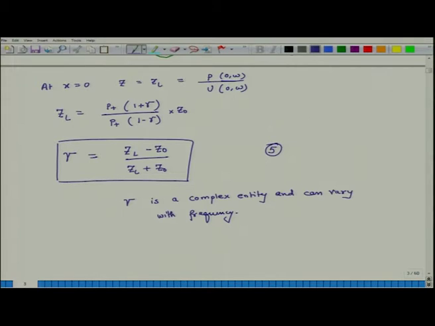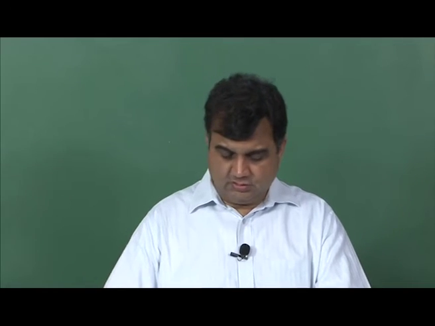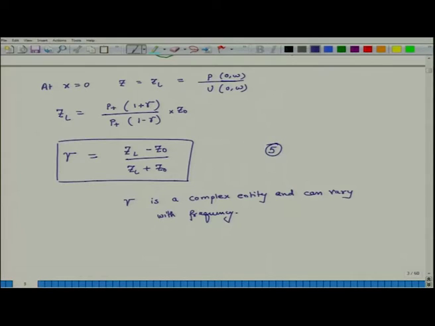At certain frequencies it can absorb a lot of sound, at other frequencies its absorption characteristics are very poor. So, gamma is a complex entity and it can vary with frequency.